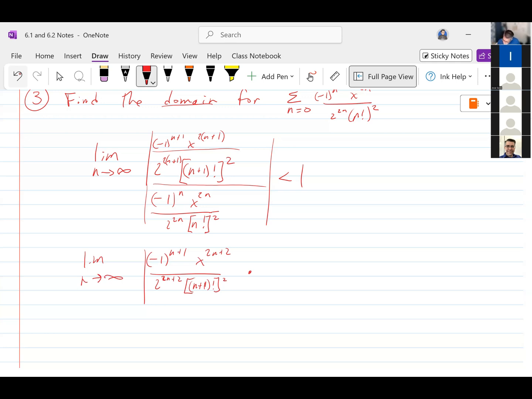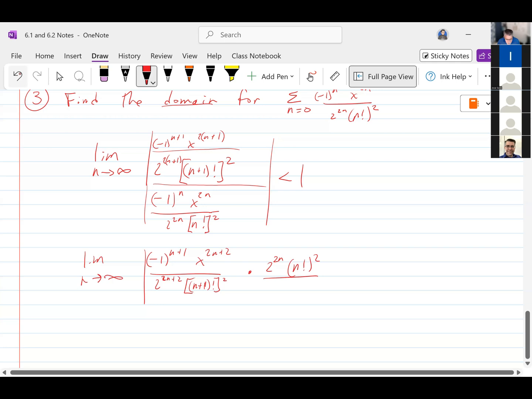So this is going to become 2^(2n) n factorial squared, all over (-1)^n times x^(2n).